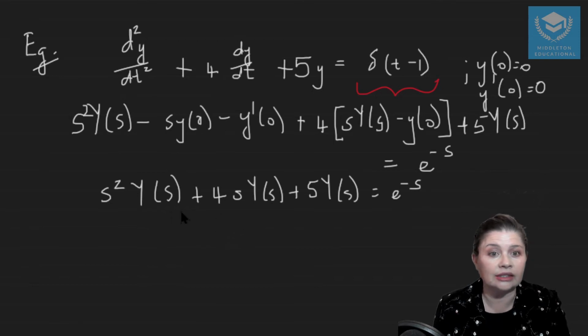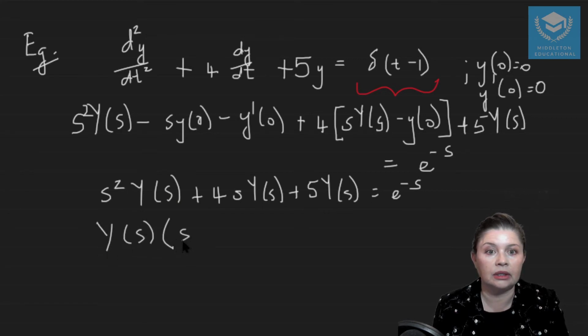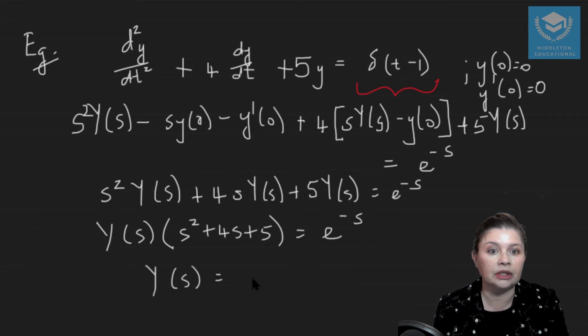And then we want to isolate the Y of s, which is the transform on your left-hand side. So we'll have Y of s times s squared plus 4s plus 5, because we factorize, and that is going to equal e to the minus s, which means our transform is equal to e to the minus s over s squared plus 4s plus 5.